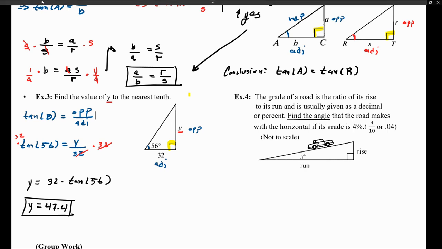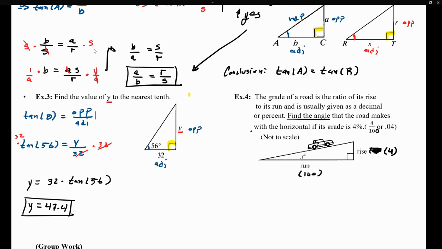And I just noted there's a small typo here, because what we're trying to say is that the road makes this angle with the horizontal if its grade is 4% or 4/100 or 0.04. So what this is trying to say is that every time that I go 4 units up, every time that I increase by 4 units, I'm also moving 100 units.